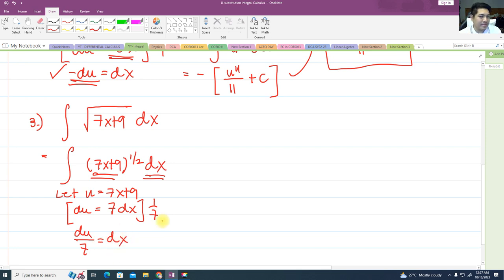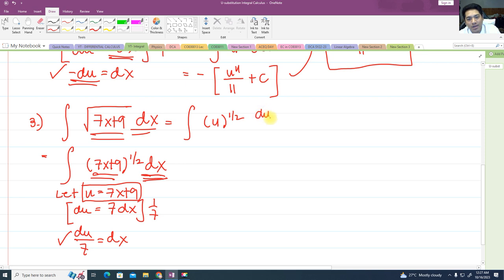I'm doing that to express the whole integrand in terms of u. So (7x plus 9) raised to 1/2 becomes u raised to 1/2, and dx equals du over 7. That's why we divide both sides by 7, because we want to obtain dx.